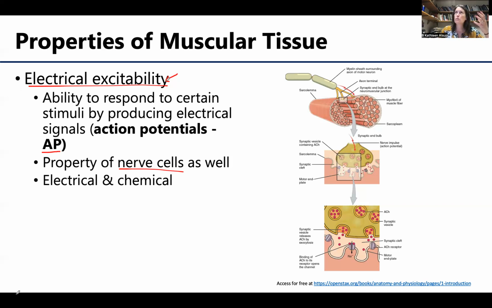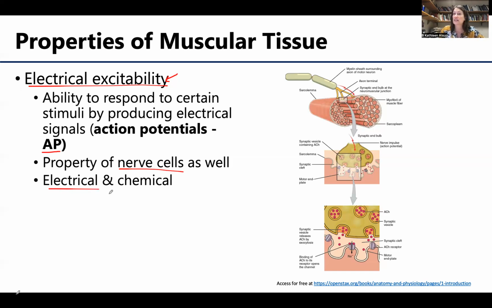There are really two major ways by which this can happen. There are electrical means, which is particularly important in terms of cardiac or autorhythmic muscle, and we'll talk about that in more detail in an upcoming block.